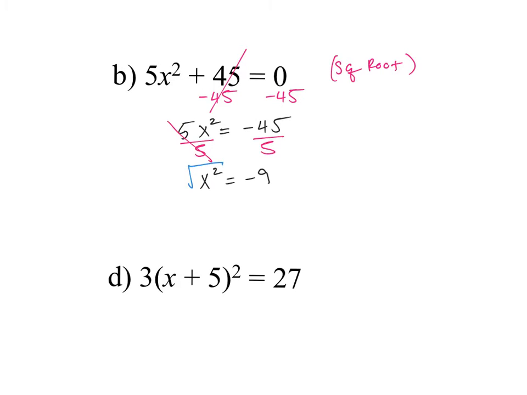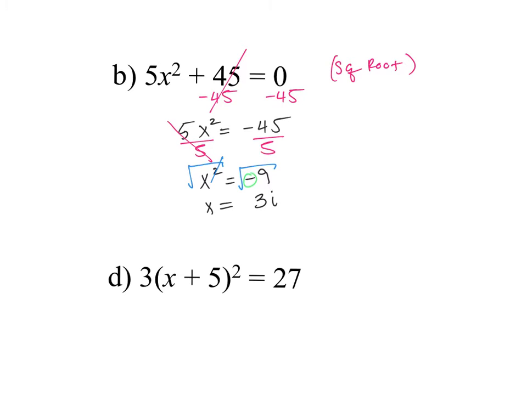Now I need to take a square root to get rid of the square, but I notice on the right-hand side, this is a negative root. So anytime you have a negative inside a root, you have an imaginary number. So I have i. Square root of 9 is going to be, oh, let me not write the i just yet. Square root of 9 is 3, and I'm going to write the i next to it.